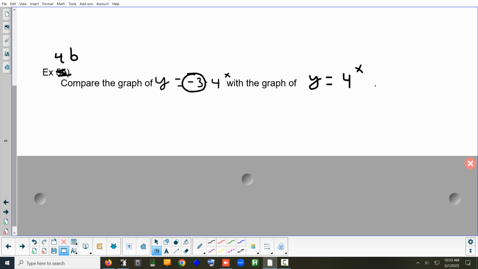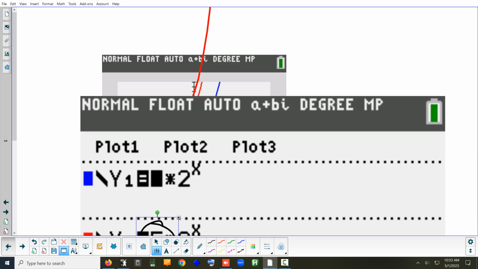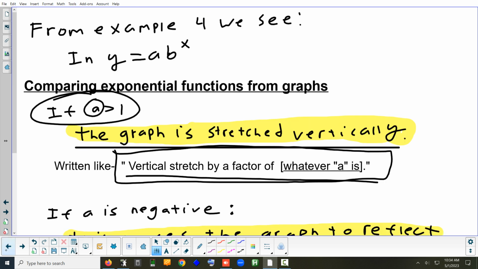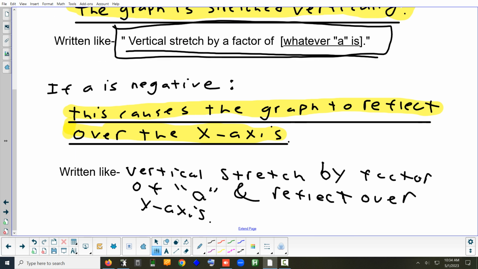That's the number that's causing something to happen. Is that negative 3 a positive or a negative? Yeah, it's a negative. So let's go back and read what we do for a negative. For a negative, you need to write a sentence like this, because A is negative.